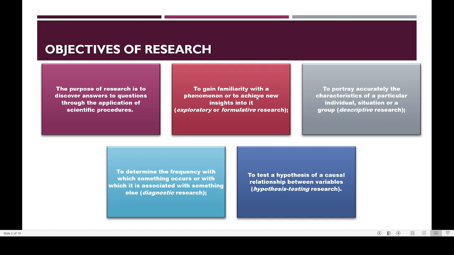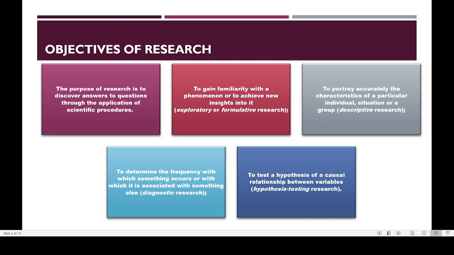The second objective of research is to gain familiarity with a phenomenon or achieve new insight into it. For example, India as well as many other countries are sending satellites to the moon. What is the main purpose of that? We want to get maximum information about the moon.